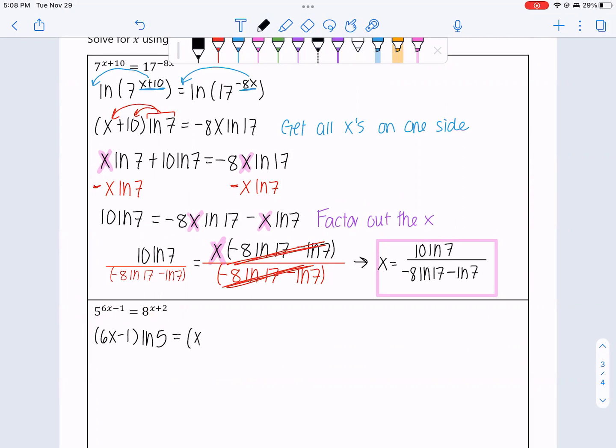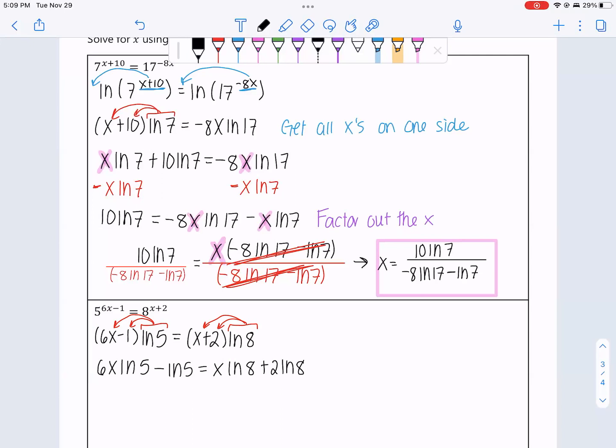Here, x plus 2 will come down. We have ln 8. On both sides, we are distributing the logarithm. So I get 6x ln 5 minus ln 5 is equal to x ln 8 plus 2 ln 8.